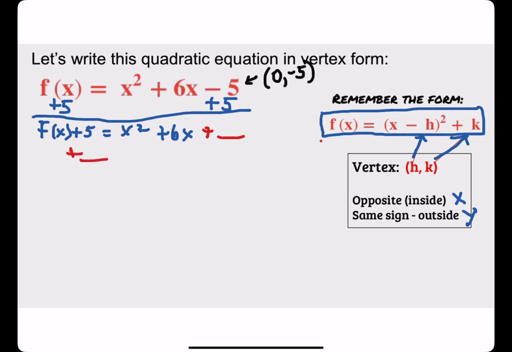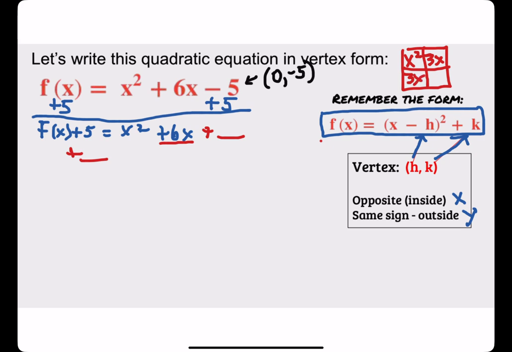Now, in order to find that perfect square that I fill in the blank with, I use my box method. Some of you don't need the box anymore. You certainly don't have to use it. But if you do, the x squared goes in the upper left. The 6x gets split between these two sections, 3x and 3x.